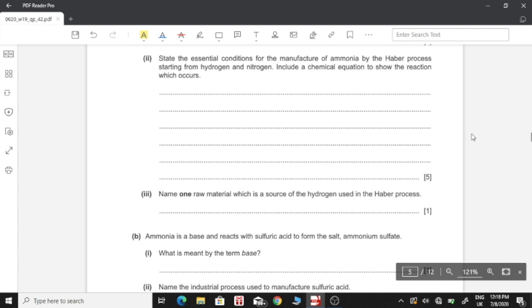State the essential conditions for the manufacture of ammonia by the Haber process, starting from hydrogen and nitrogen. Include a chemical equation to show the reaction which occurs. And so this is quite simple. We only have to mention the catalyst, pressure and temperature along with the balanced equation.